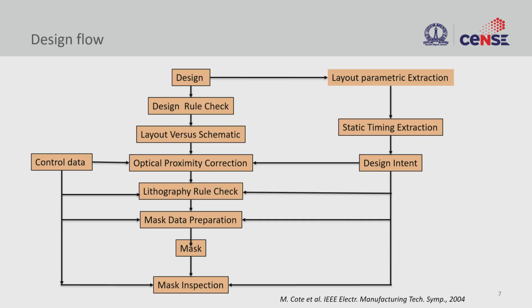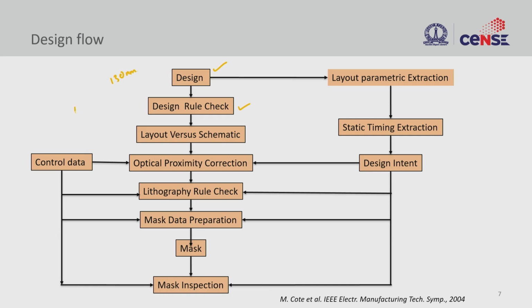Okay. So this is the general design flow. First you start with the design and then you run design rule check, right? This is very standard procedure that you look for any violation of design. For instance, if you are designing in 130 nanometer node, and if your structures are 100 nanometers or below, then your design rule check is going to be negative, right?